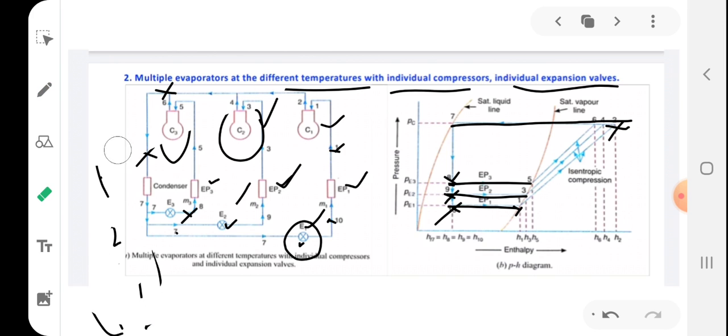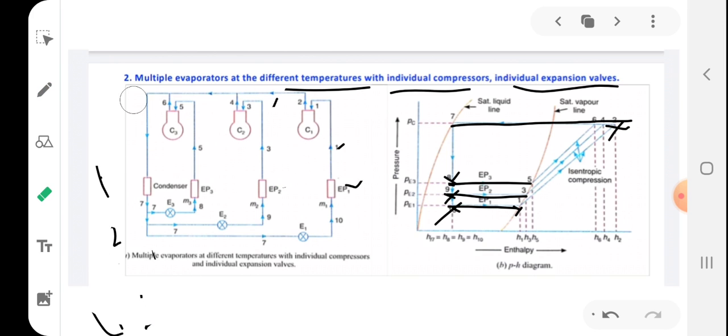So while drawing the schematic of this particular system, you have to note that the outlet line is the same. All three compressors have the same common outlet line.